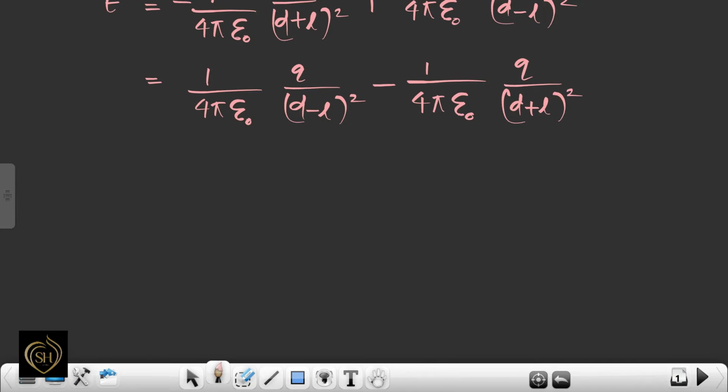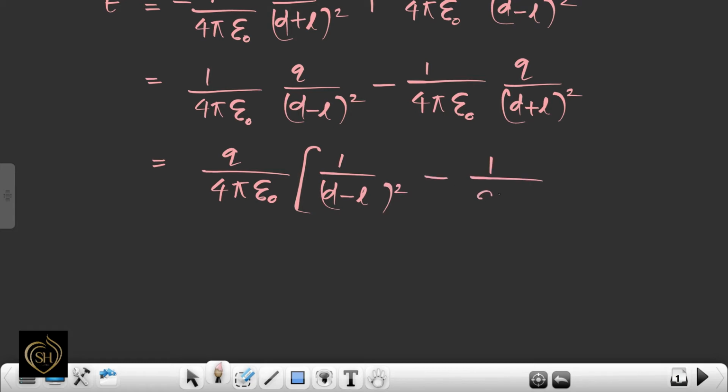So, in this equation, we can take Q by 4 pi epsilon 0 as common. Then what all things are remaining? 1 by (d minus L) the whole square minus 1 by (d plus L) the whole square.